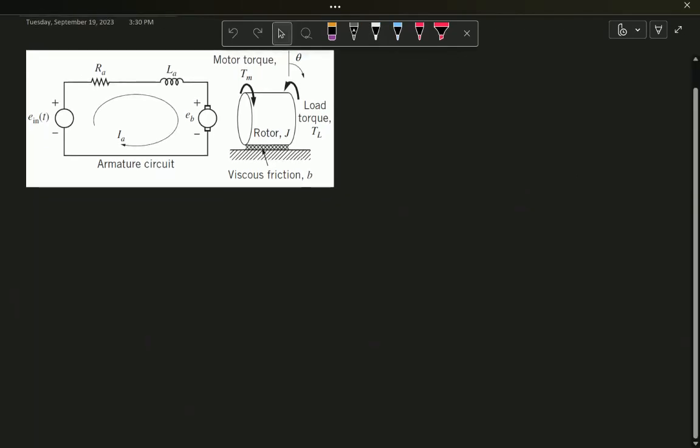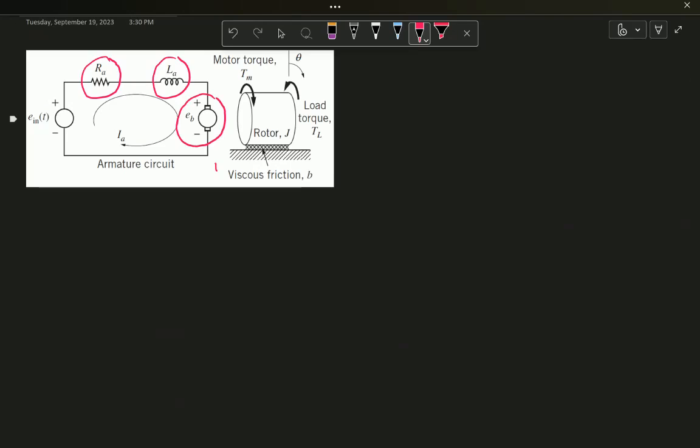So we lump all the resistances in one RA, the resistance of the armature. We lump the inductance of the windings on the periphery of the rotor in one inductor element. We consider back electromotive voltage as basically a small battery here, and this is the DC voltage that we supply to that DC motor.